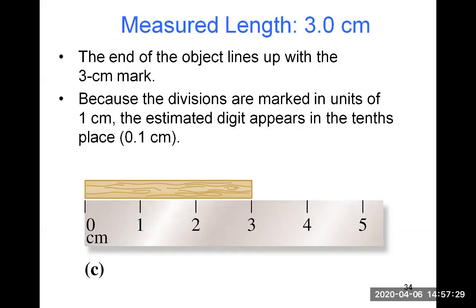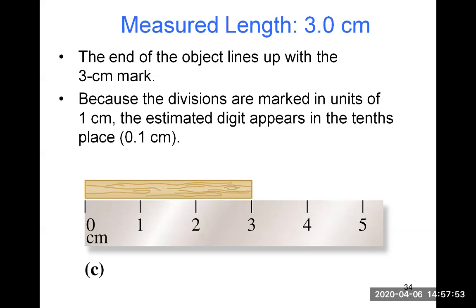So sometimes the end of the object falls exactly on a line. And so you still need to estimate one more digit when this happens. And students tend to forget that. So if we look at this object, it looks like it's 3 centimeters exactly.